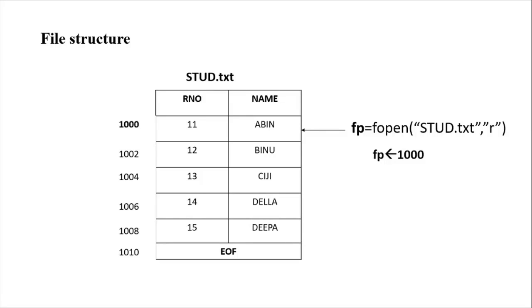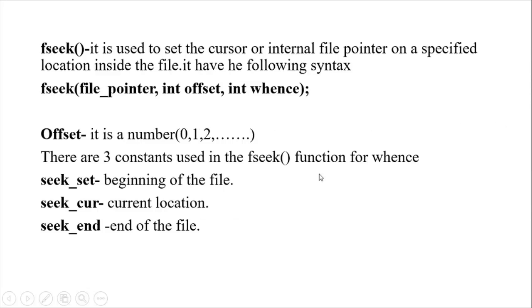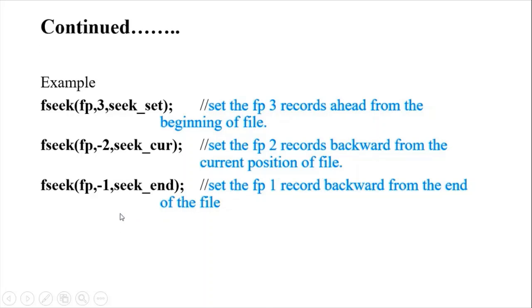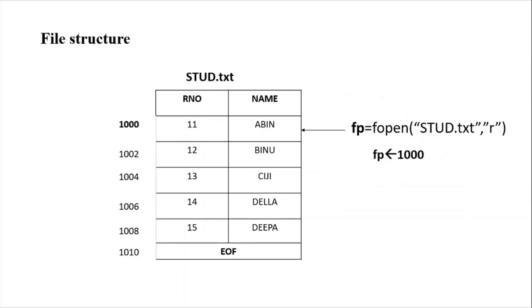So fseek is used to move the file pointer back and forth, that means backward or forward. In the next example, fseek of fp comma minus 2 comma SEEK_CUR, where SEEK_CUR means current location. If the file pointer is pointing to this third record, then the current position is this one.